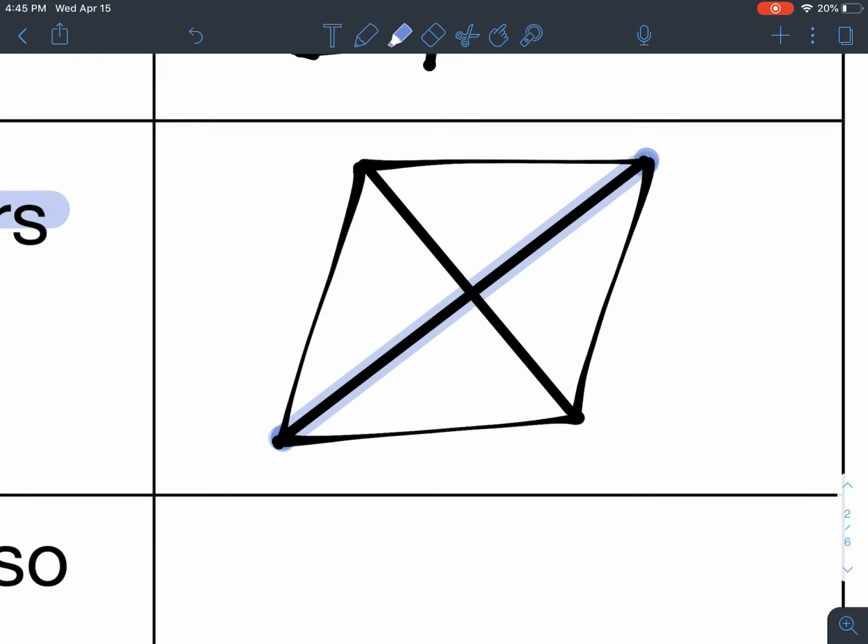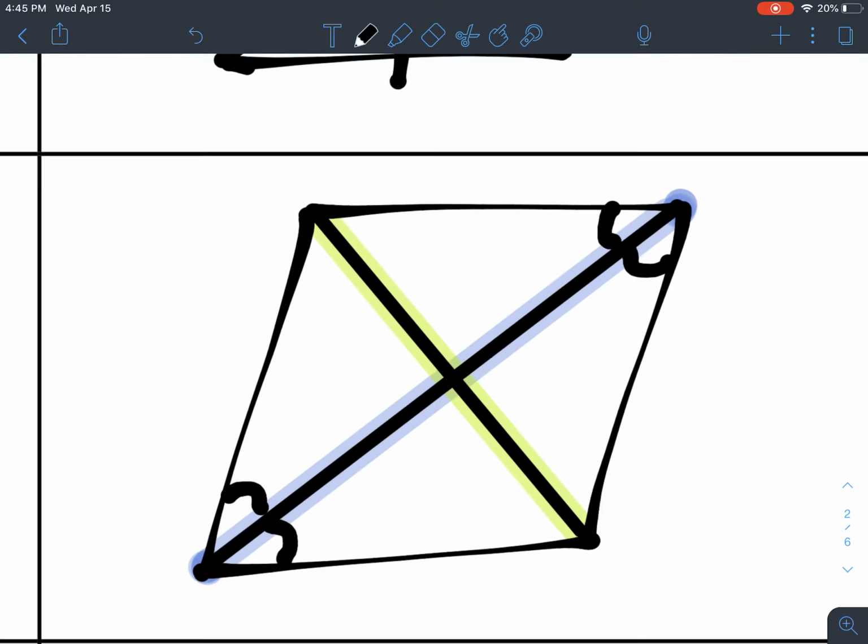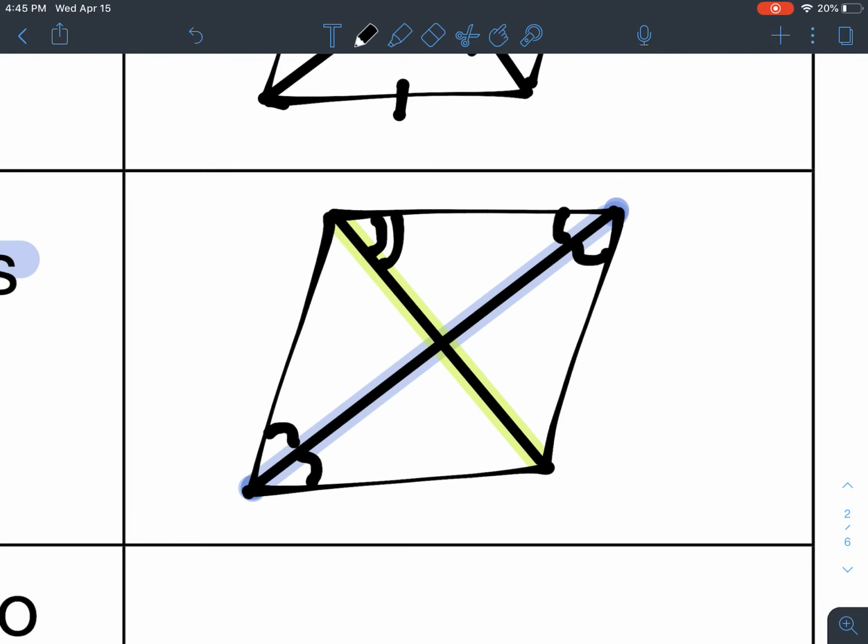We know that they are congruent, which means each of these four angles around that one diagonal all have to be congruent because they're bisecting congruent angles. It's the same with this diagonal right here. It's also bisecting congruent angles, which means all four of these angles have to be congruent as well.